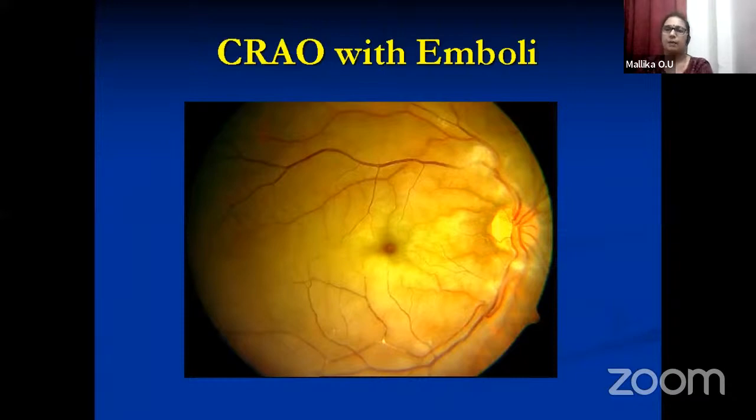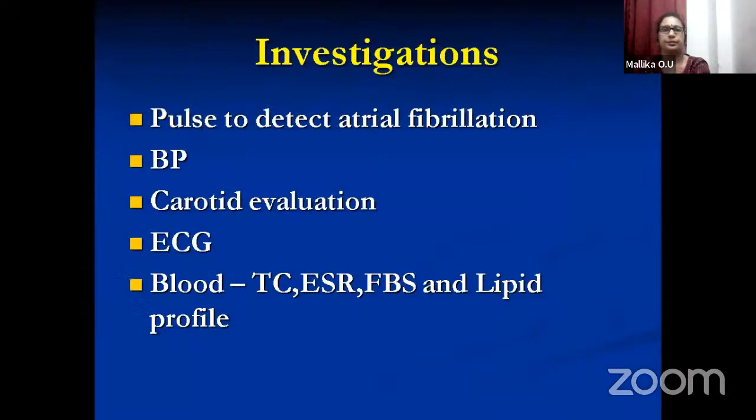Any artery may be affected. So if you say central retinal artery occlusion prognosis, it is not only the visual prognosis, it is the prognosis of life, or life expectancy, we usually say.